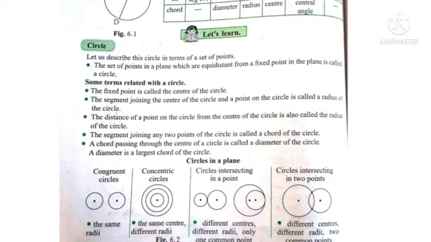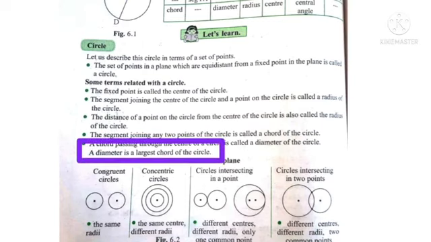Okay, and here you remember the diameter is the largest chord of a circle. You remember these things? A diameter is the largest chord of a circle. You know diameter is twice the radius, or radius is equal to half of the diameter.